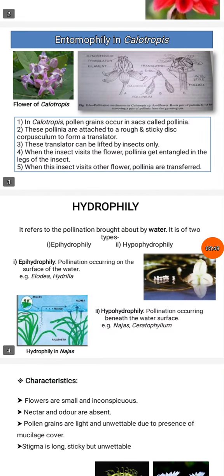The next mechanism is hydrophily. Hydrophily refers to pollination brought about by water. Water is the external agent. When pollination occurs through water, it is known as hydrophily. Water pollination occurs in totally submerged hydrophytes.